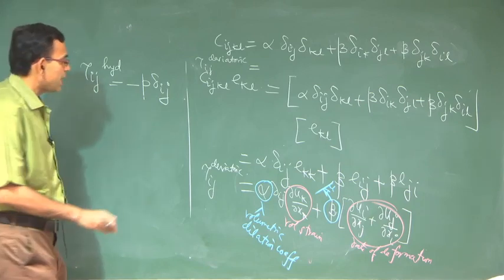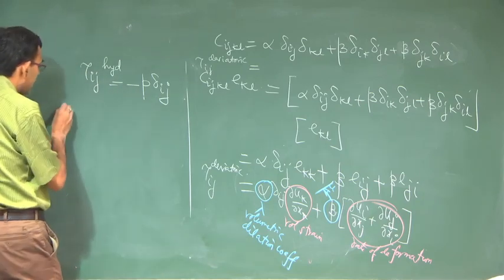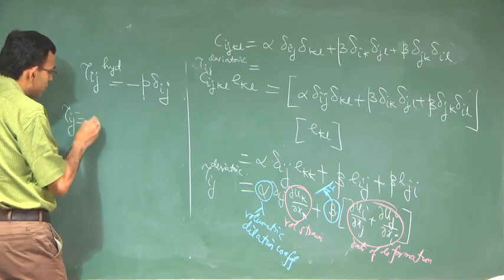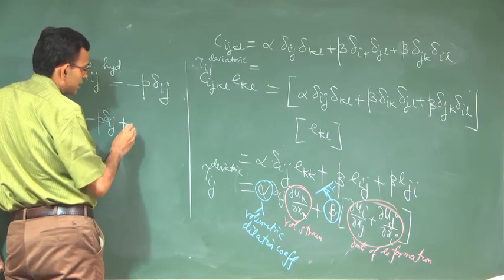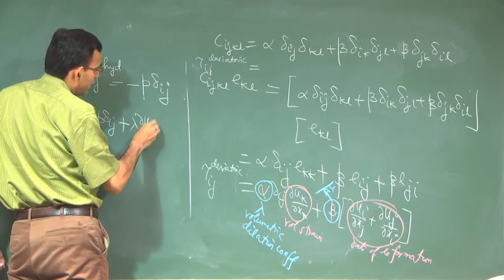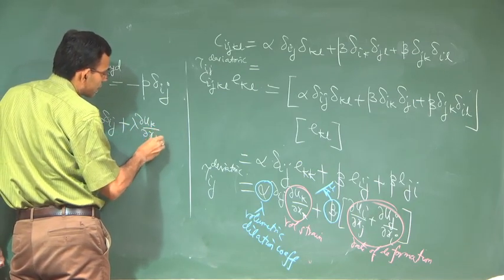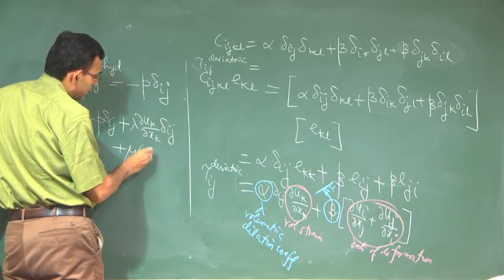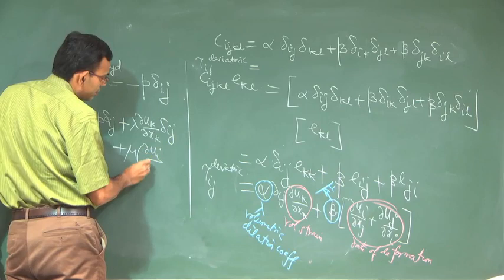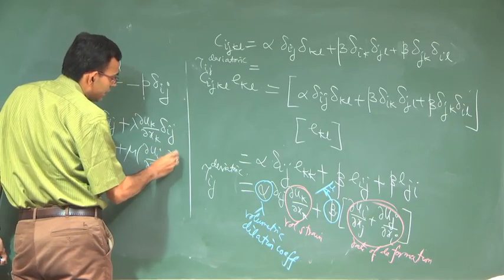So, to sum it up, tau ij is equal to minus P delta ij plus lambda del uk del xk delta ij plus mu into del ui del xj plus del uj del xi.